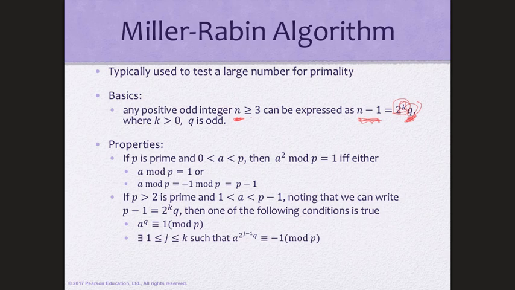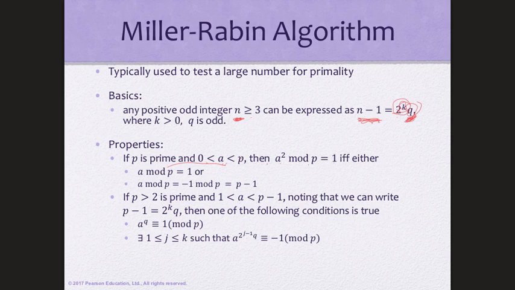If p is a prime number, there are some other properties as well. If p is a prime number and a is some number greater than 0 and less than p, then a squared mod p is equal to 1 under one of two conditions, and that's if and only if. I want you to tell me why, not with proof, but just with logic.